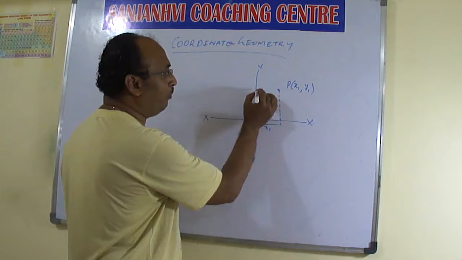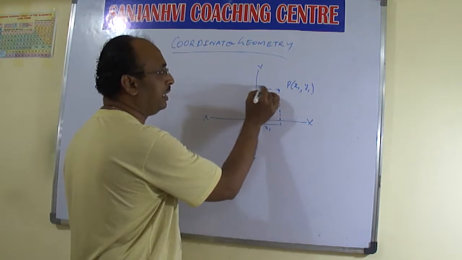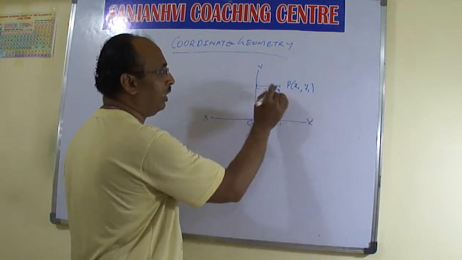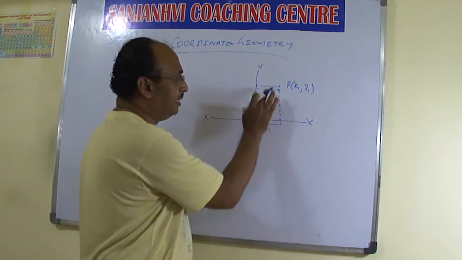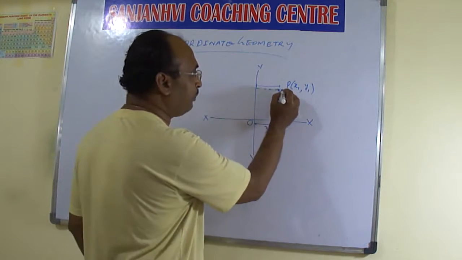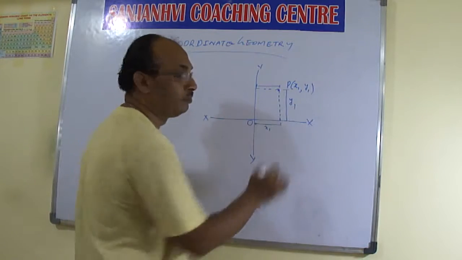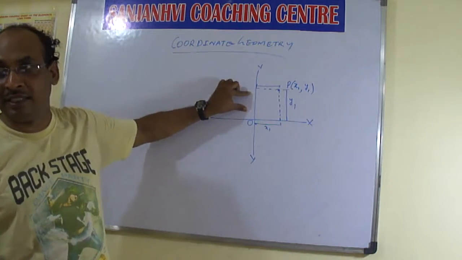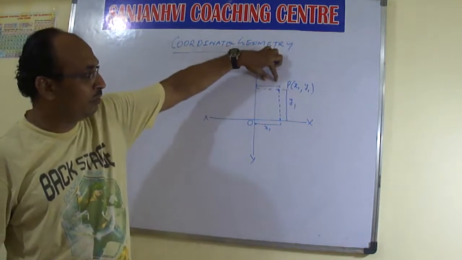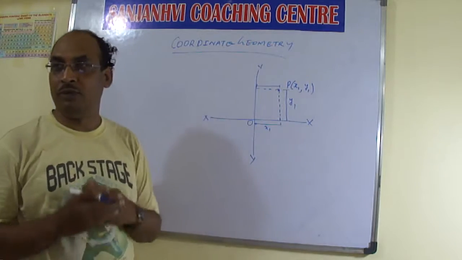And from the y-axis, when you are drawing a perpendicular, this distance is y1. So this distance is showing the distance in the y-axis, and this distance is showing the distance in the x-axis. So this is x1, this is y1.